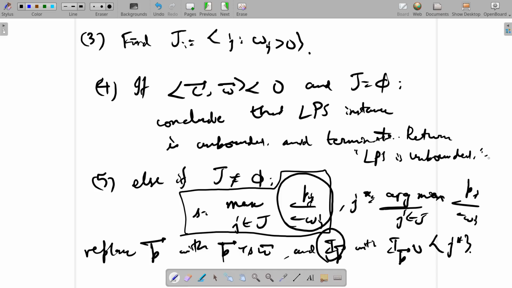So using this algorithm, you are able to either find a vertex which has lower value than P, or you know that it is unbounded.